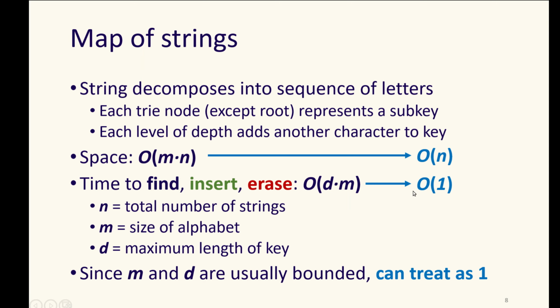If you give me a word that's 20 characters long, it will take me only 20 steps to look it up. It will not take anything related to the number of strings stored in that trie to be able to look up your particular key, or to insert that key, or to erase that key.